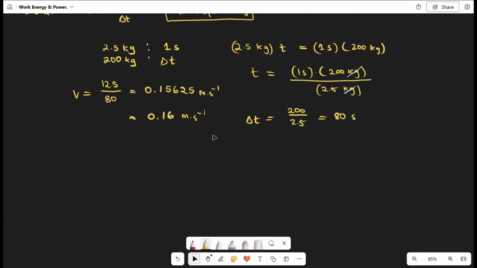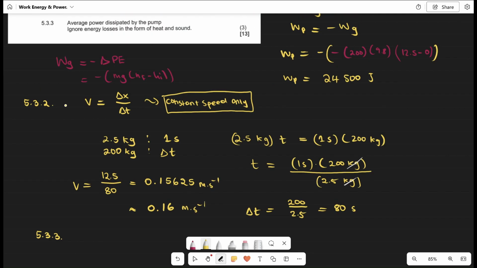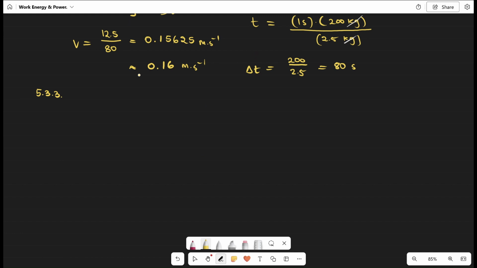If you look at 5.3.3, we actually have two formulas to calculate power. The first formula says that power is equal to the work done divided by change in time.